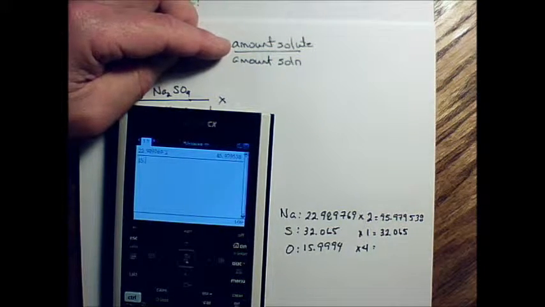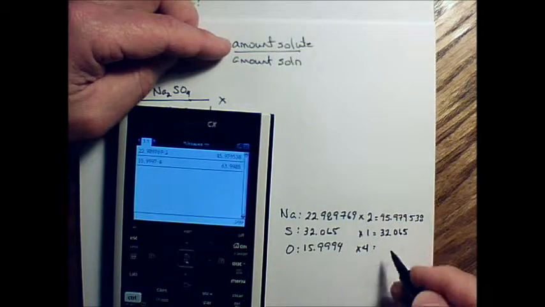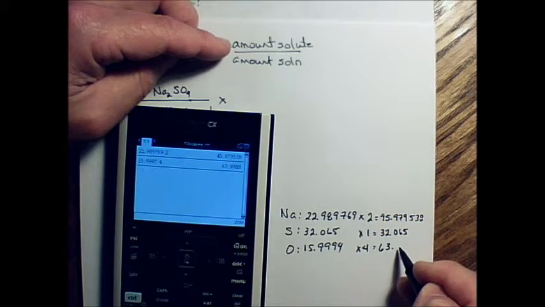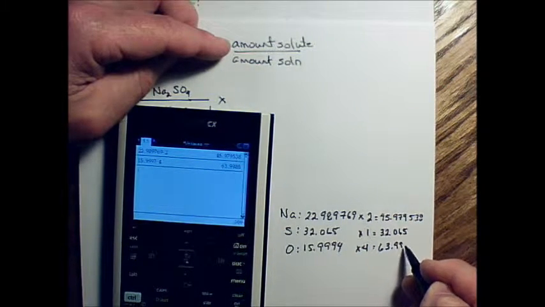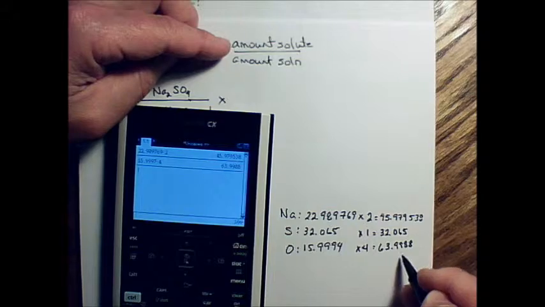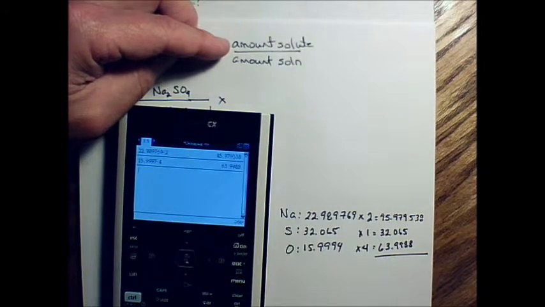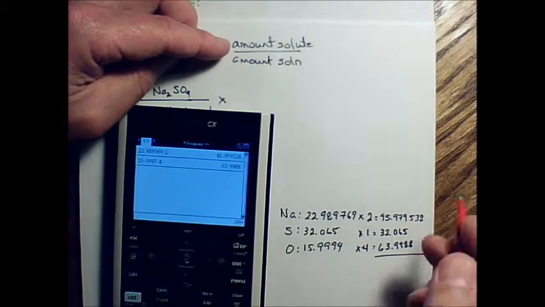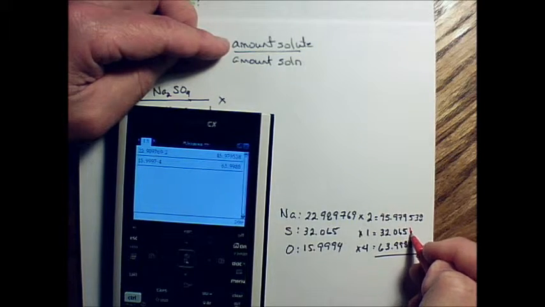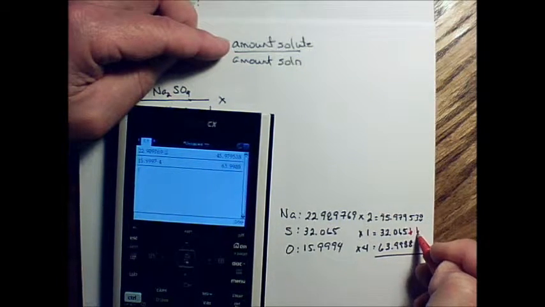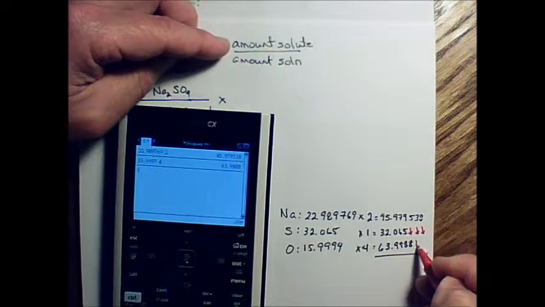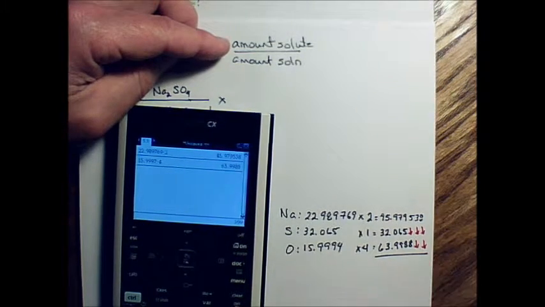So 15.9994 times 4 is 63.9988. I wish I'd written it a little bit larger, but hopefully you can see you've got 3 empty slots here, 1 here and 2 on the far end on the right.